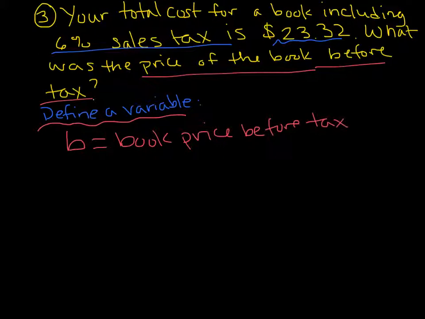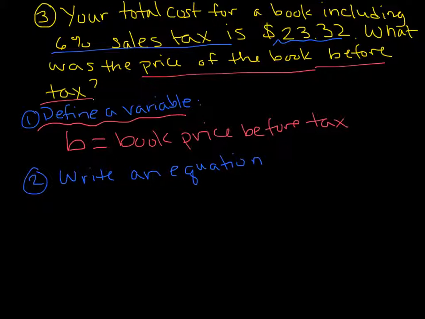So the second step is the hardest one for pretty much everybody, and that is to write an equation. So this is the tough part. I'm going to write a few things I know off on the side. I'm going to take some notes on the problem because otherwise it's just a lot of words.